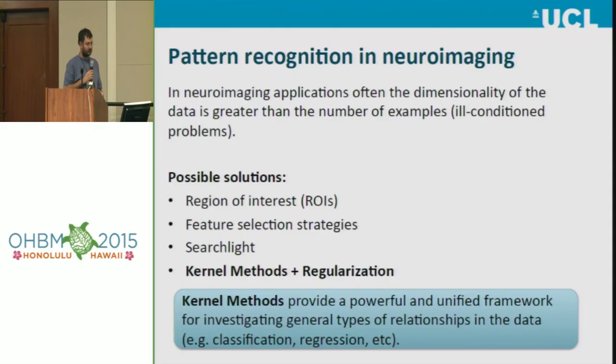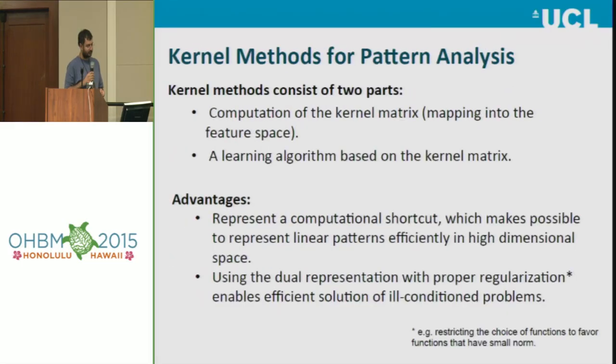You could use something called Searchlight, which builds local models in neighborhoods of voxels, again to reduce the dimensionality. And finally, you can use kernel methods and regularization to handle this situation. These provide a very powerful framework for investigating data, and these methods are used not just in neuroimaging, but in all sorts of applications.